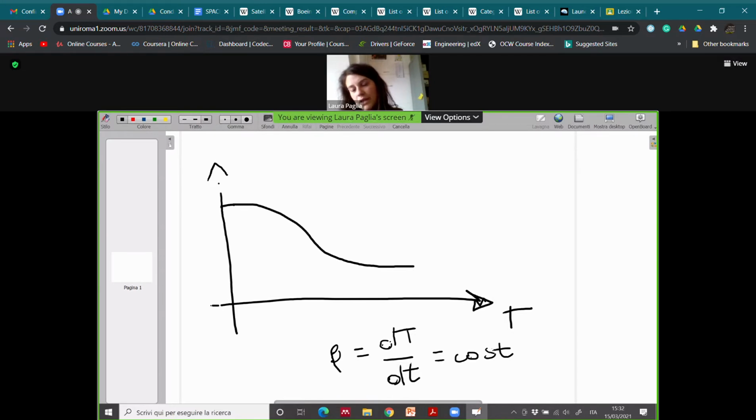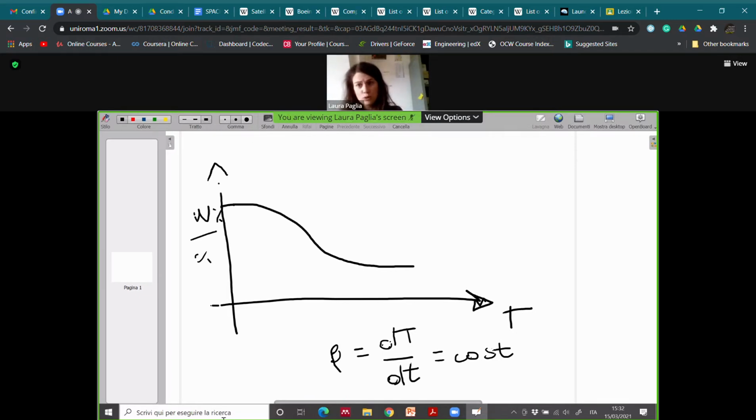So we can study the weight percentage, or alpha, it's the same, depending on temperature.